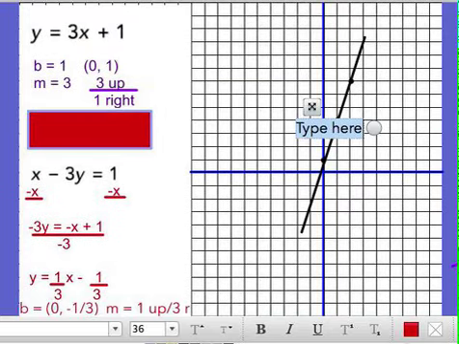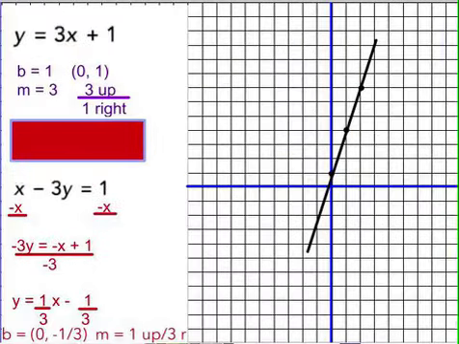Okay? So, again, we start off with our y-intercept, (0, negative 1/3), which is right below 0. Then we go 1 up, so add 1 to negative 1/3, which is 2/3, and 3 to the right, 1, 2, 3.